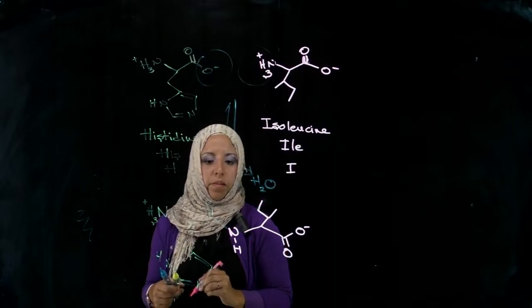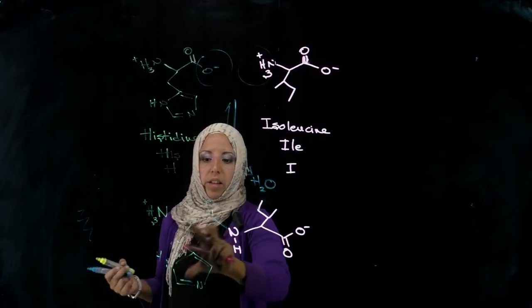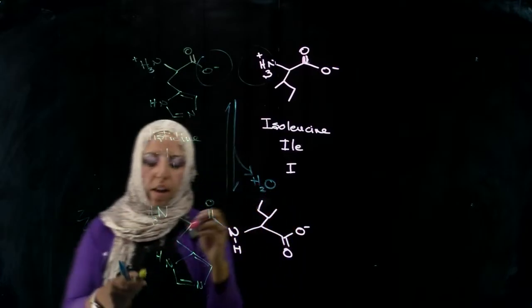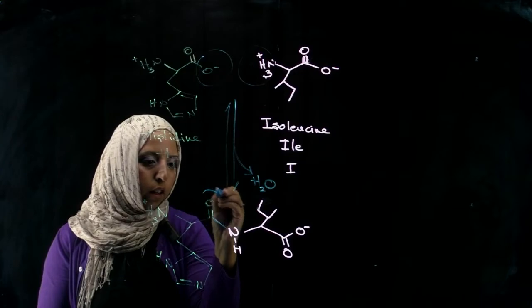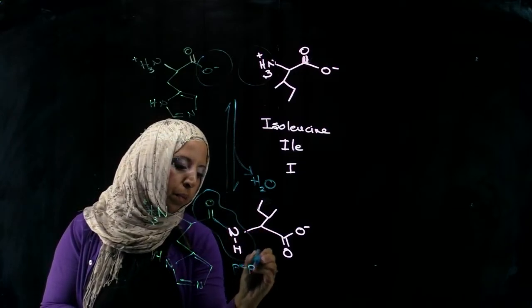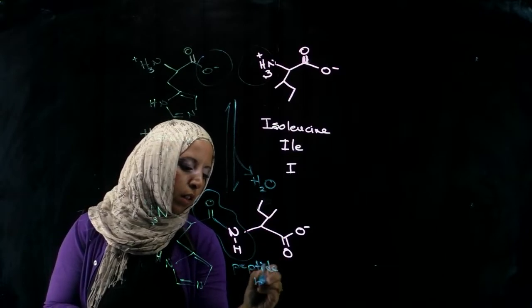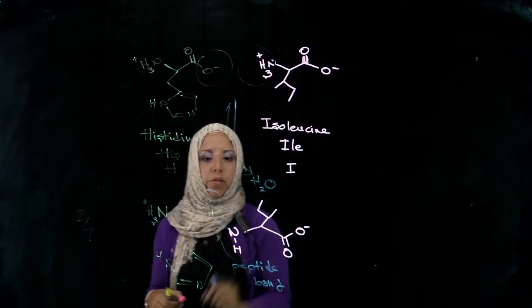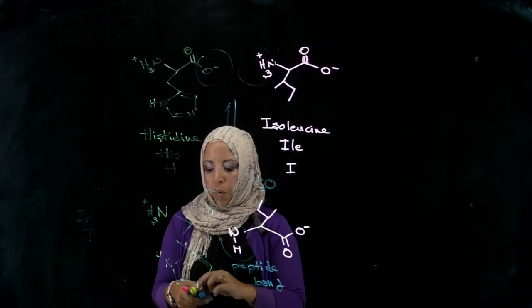So they alternate, and those side chains are actually trans to one another. That particular group right here is what we refer to as the peptide bond. We call this a dipeptide because it's composed of two amino acids.